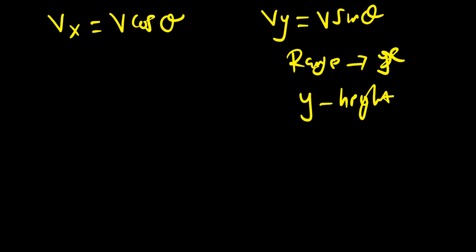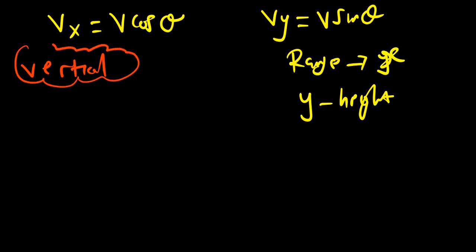Now, let's talk about the vertical direction, because in the vertical direction, or the y direction, that's where the change is visible in terms of velocity. So, according to our equations of motion, one of the prominent equations is V equals U plus AT.